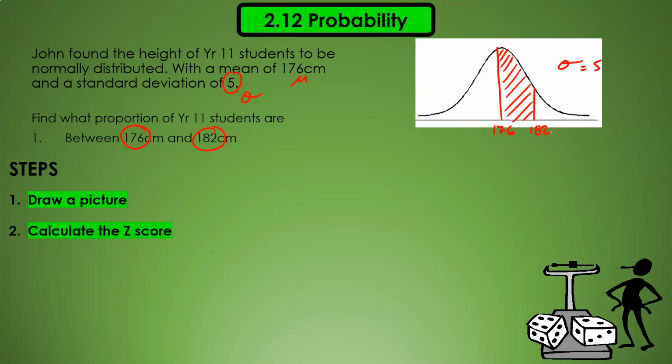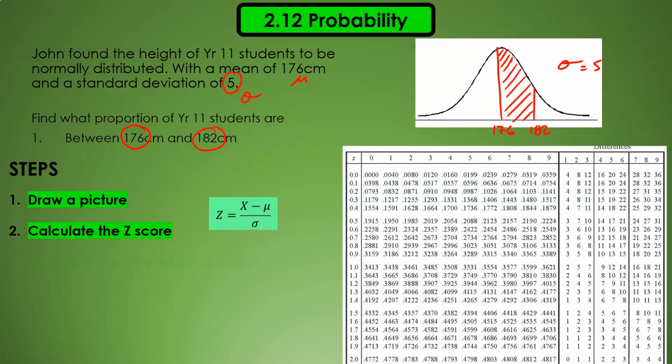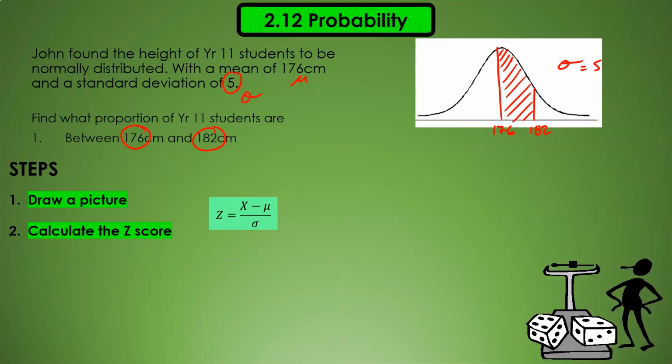So the next step, calculate the Z-score. There's our formula. So Z is equal to 182, take away 176, over 5, the standard deviation, which is equal to 6 over 5, which is 1.2.